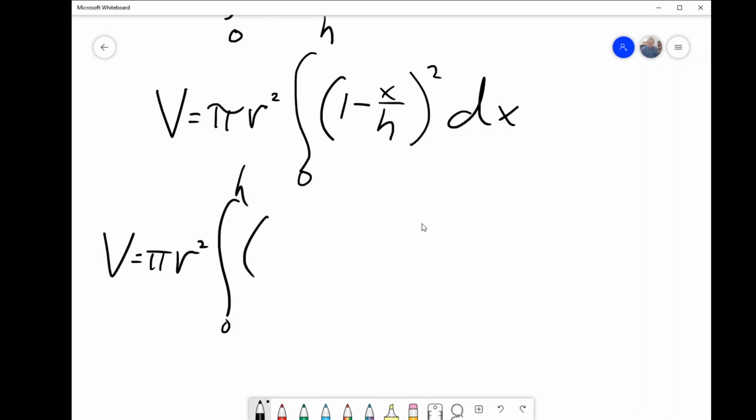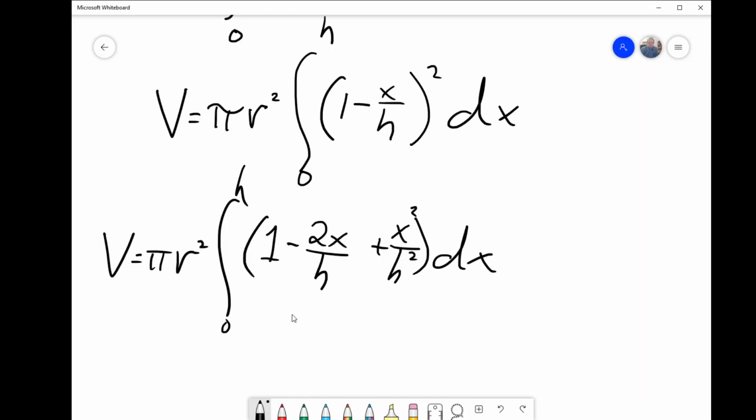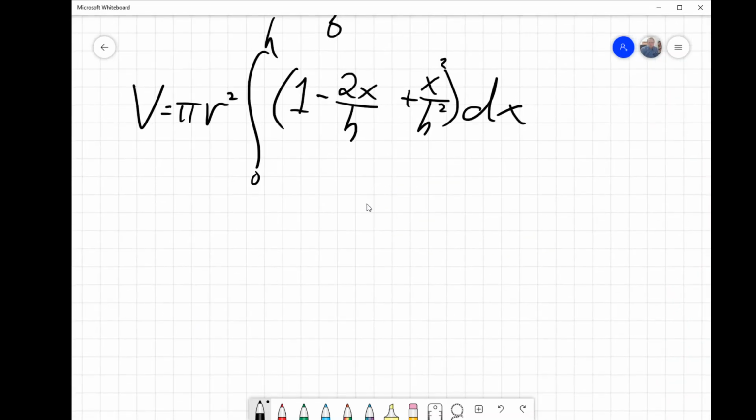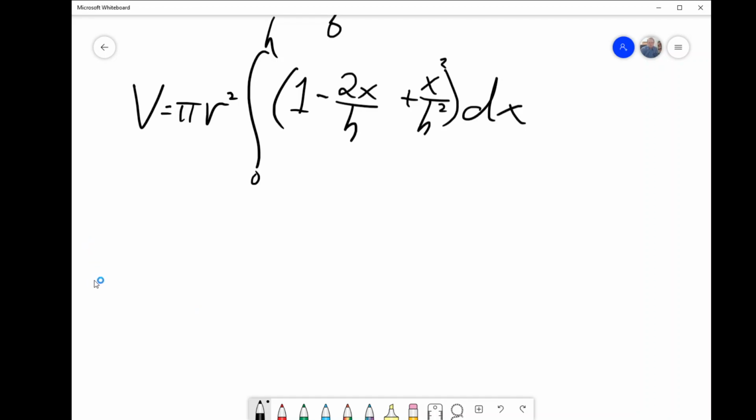Now we could do that with the power rule and chain rule and try to back it up that way. It is going to be easier just to expand out the inside completely and get this expression. So now we are just taking a direct integral of a polynomial.